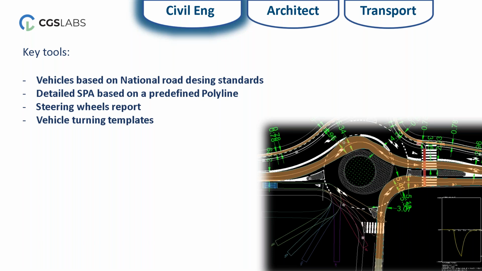And the very last part was the vehicle turning templates, which help us, in just a click, create and see the movement and the path that this vehicle would take for different angles. This is about this first case.